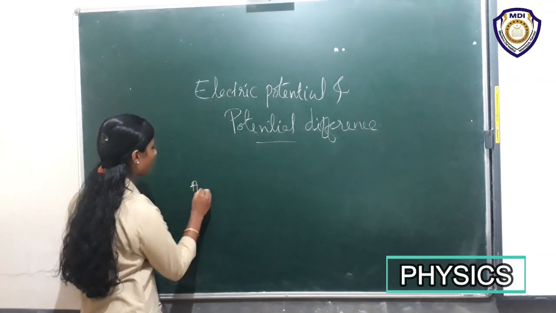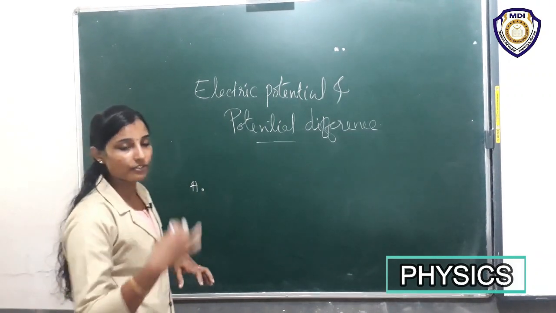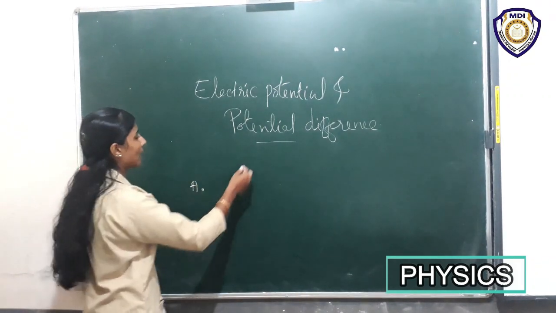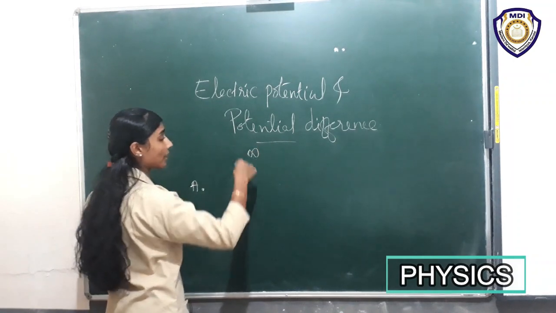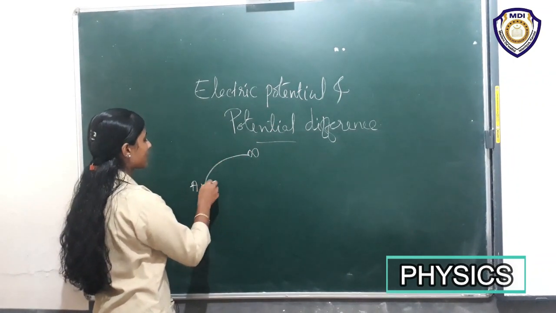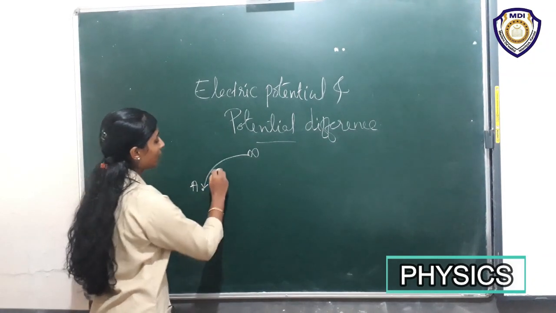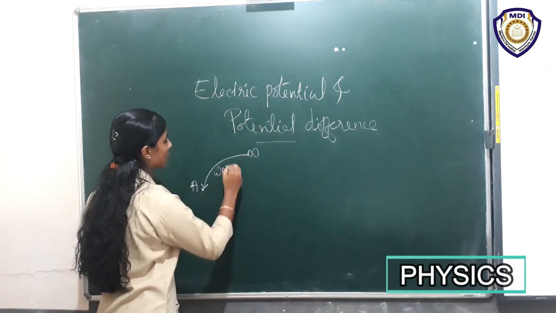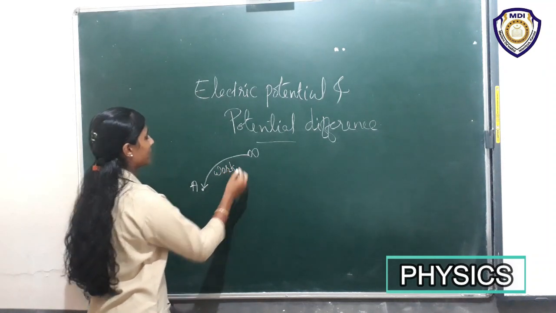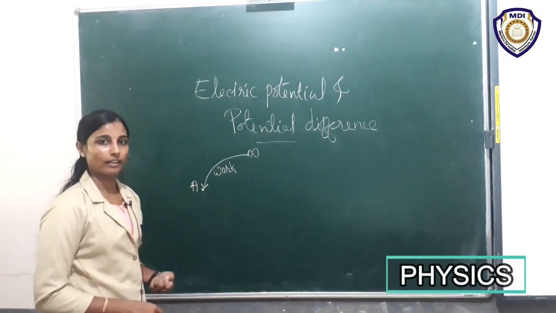So here we have a point A and we have to get a charge from infinity to this point, right? So the work done in bringing a charge from infinity to a point is known as electric potential.